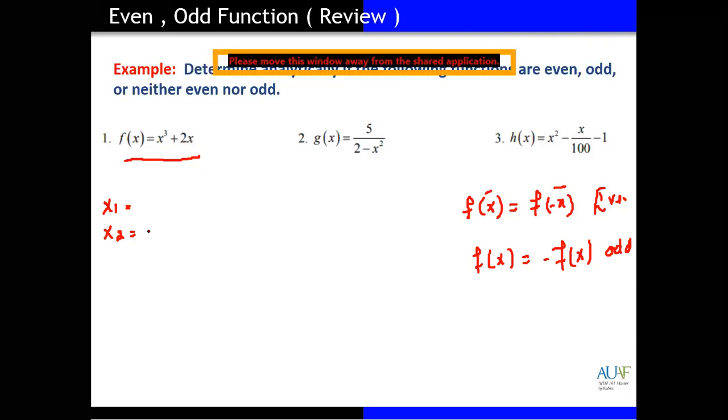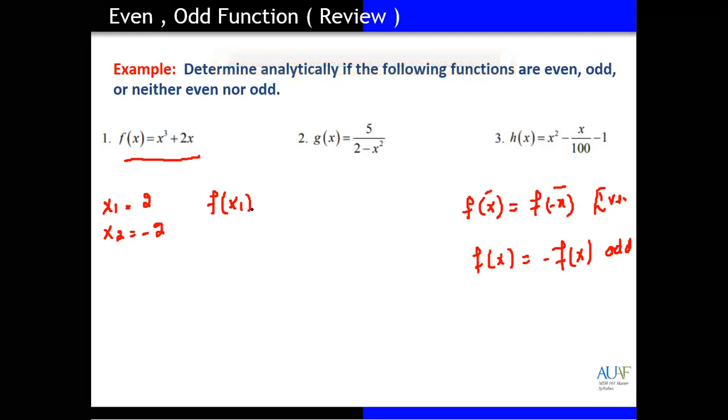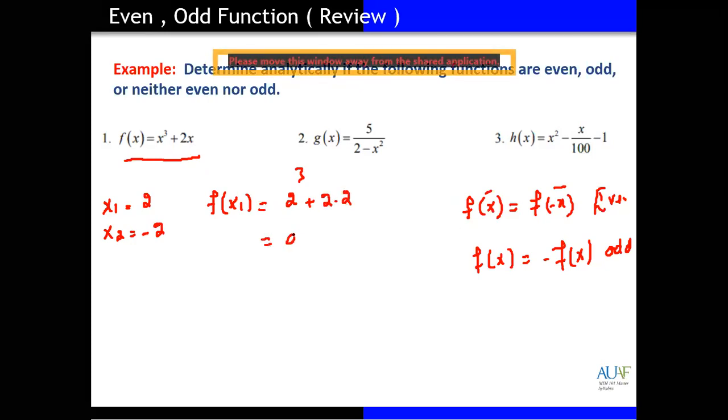So first one, x cube plus 2x. Let's suppose we give two values, plus 2 and minus 2. If the result is same, then even function. If the result is same with different signs, minus 10, plus 10, then odd function. First, f of x1, and x1 is equal to 2, so 2 cube plus 2 multiplied by 2, 2 cube is 8 plus 4 equal to 12.